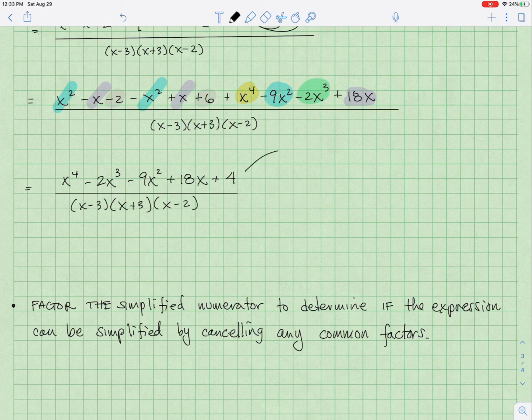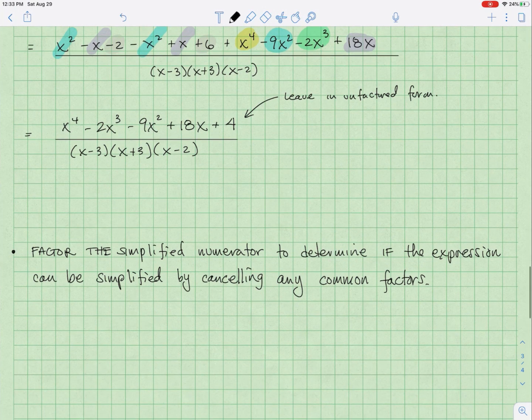Now, we don't yet know how to factor something as crazy as x to the 4th minus 2x cubed minus 9x squared plus 18x plus 4. So we'll leave it in unfactored form.